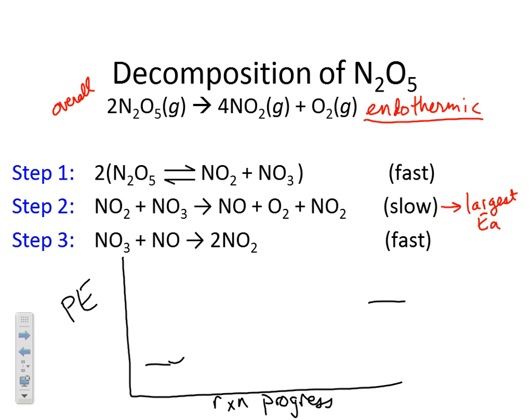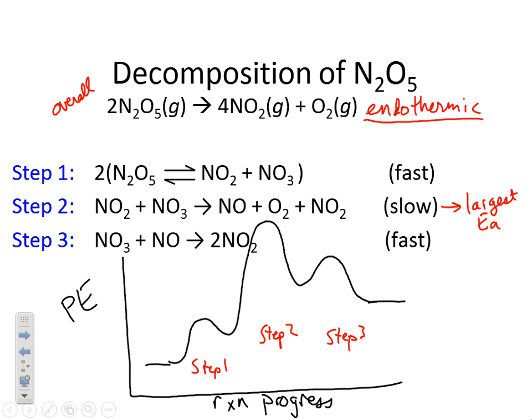Then I'll do step 1, a small activation energy. Then I'm going to do step 2, a very, very large activation energy. And then I'm going to do step 3, smaller, and then end there. So this shows that it happens in 3 steps. So this is step 1, step 2, and then step 3.